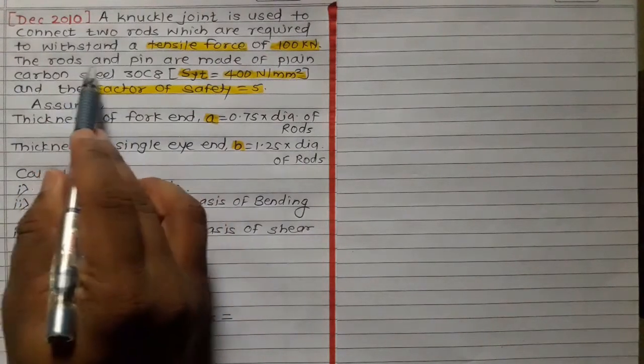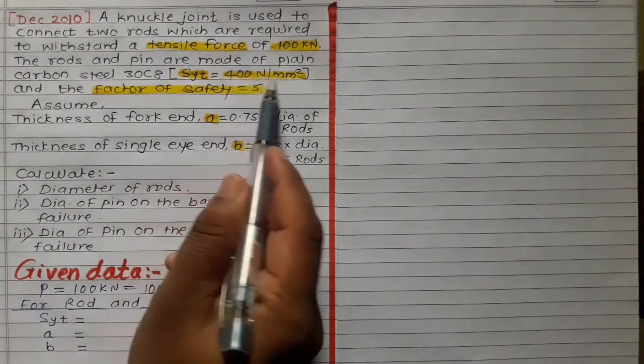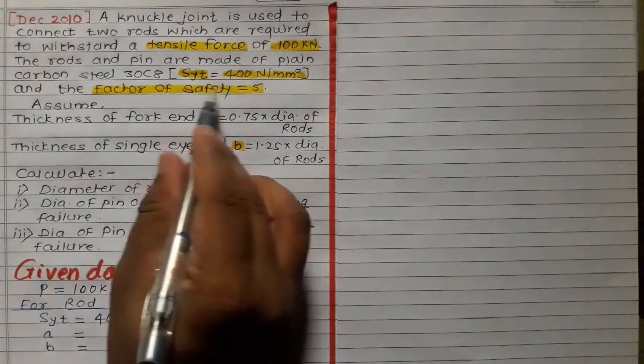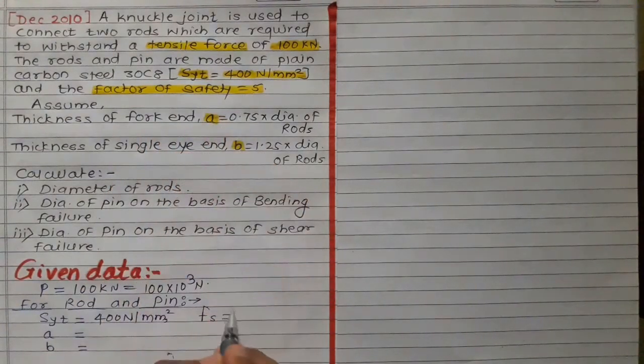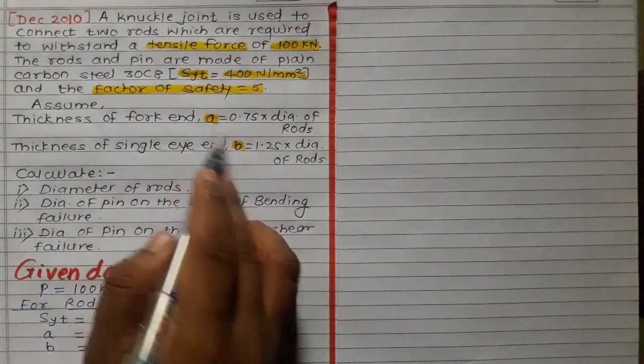Next, the rod and pin material property, that is SYT, is given. It is 400 Newton per mm square. So for rod and pin the material property SYT is the same and its value is 400 Newton per mm square. Next, the Fs value, that is factor of safety, is 5. Then the assumption for a and b is given.